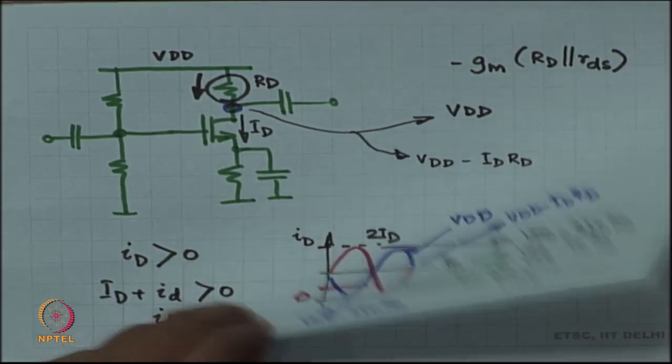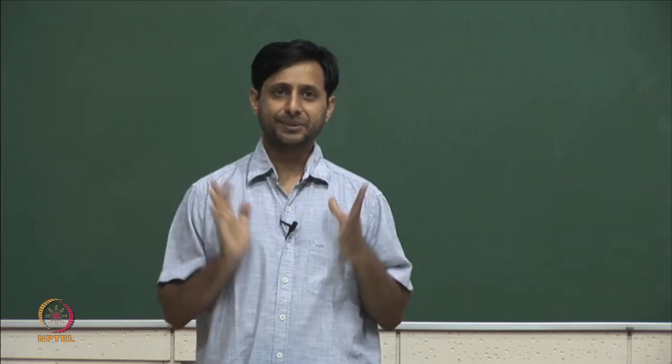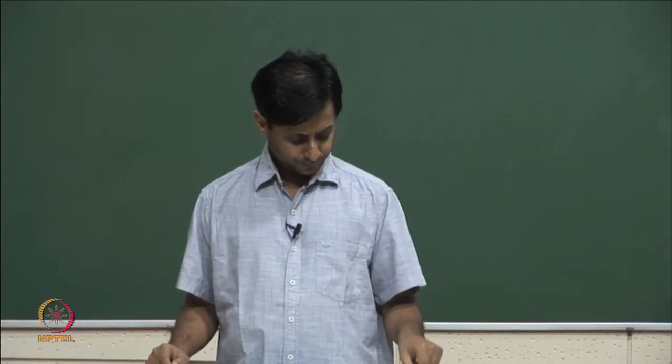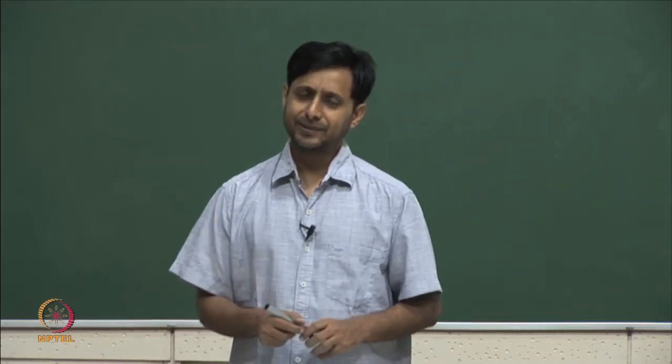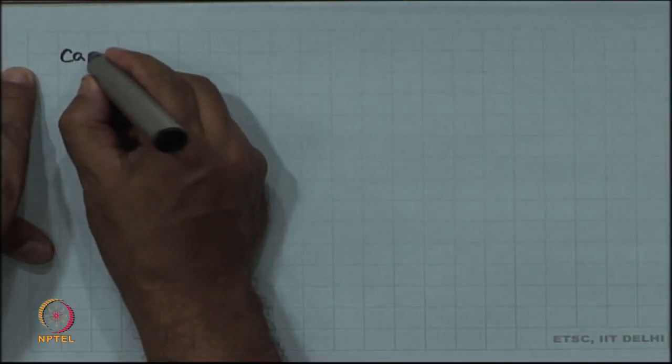All right. So, we have this problem, right, gain is being limited effectively. What can we do? One simple thing that we can do is have two amplifiers, right, have a cascade of two amplifiers.